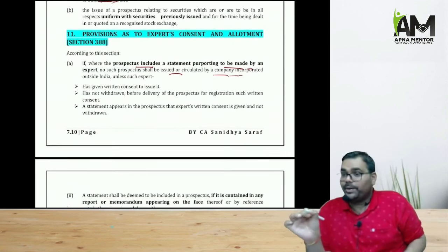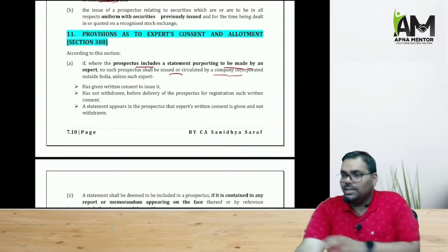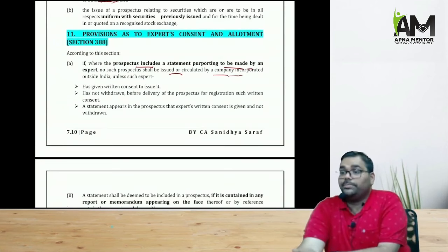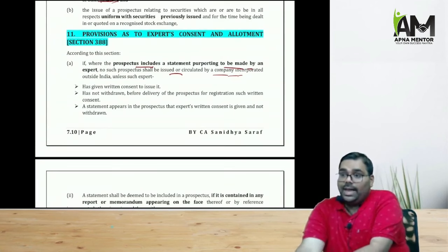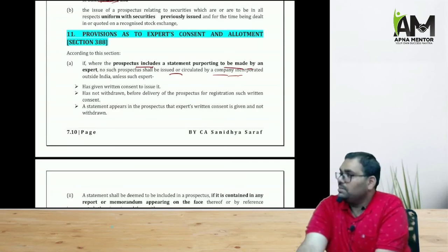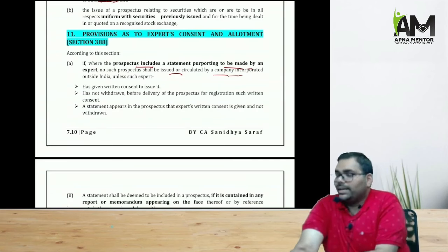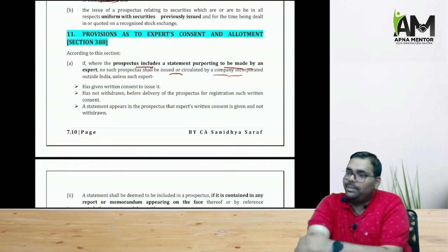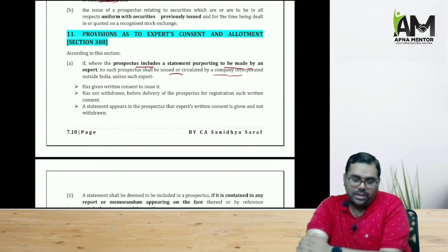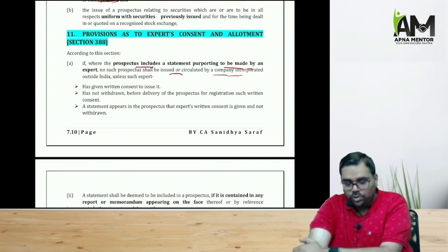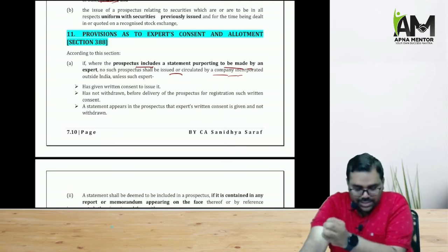Now, companies could just include the statement of Rakesh Jhunjhunwala and circulate the prospectus. Mr. Rakesh Jhunjhunwala had not given the consent, and the public will see Rakesh Jhunjhunwala's name and will purchase the shares.